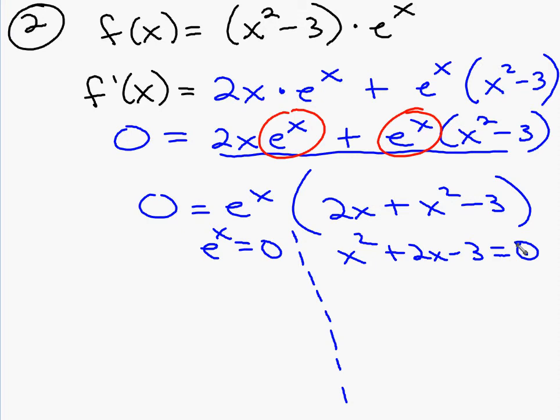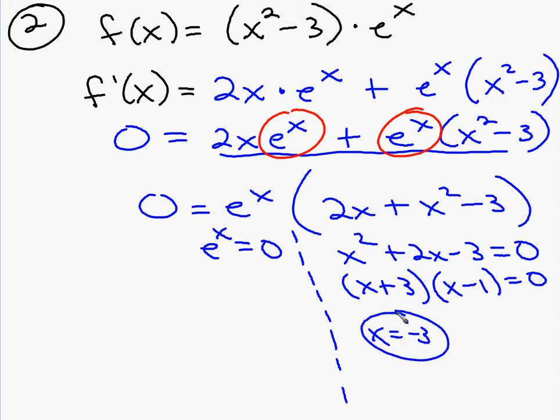We'll start with the quadratic. This factors x plus 3 times x minus 1. So I have two values there. Two critical points. X equals negative 3 and x equals positive 1. Now how about e to the x equal to 0?